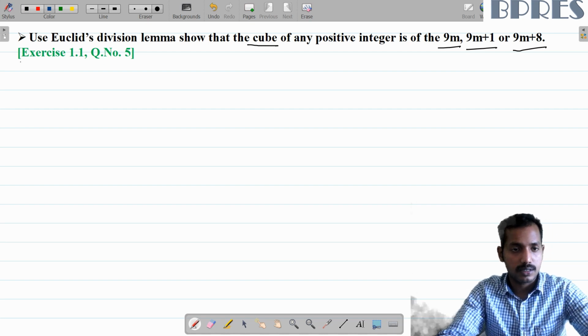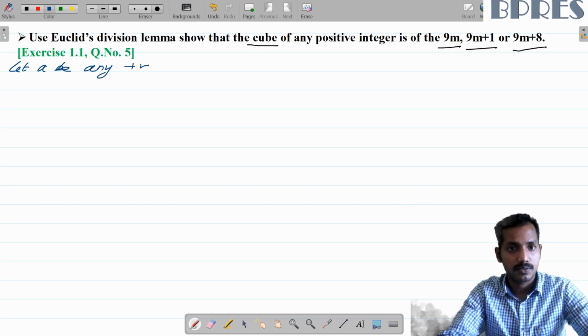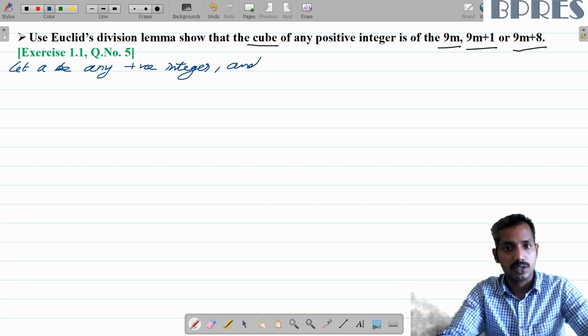So same as done in the last two questions, let a be any positive integer, and b, according to the last two questions, we could take as 9.